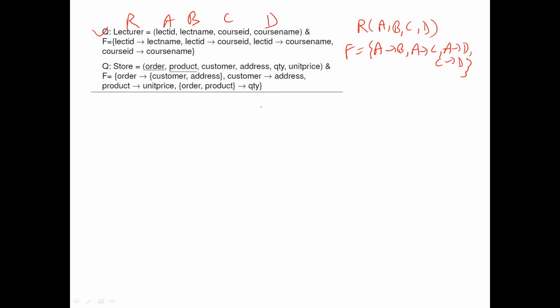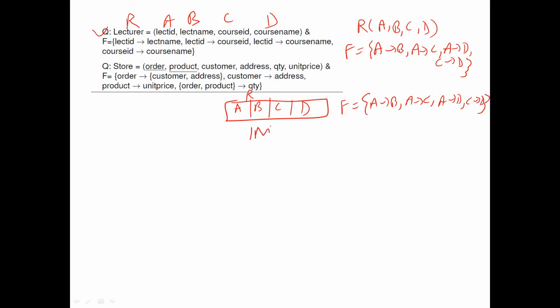If it is not present in the 3NF, I will go for converting it into the 3NF. So this is my R containing A, B, C, D, and F is given as A to B, A to C, A to D, C to D.